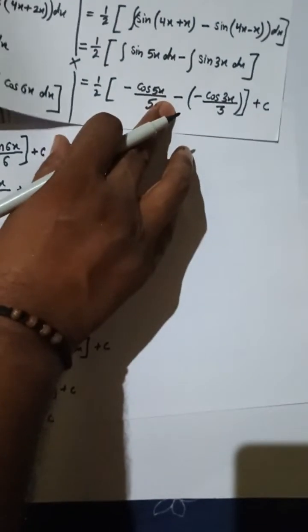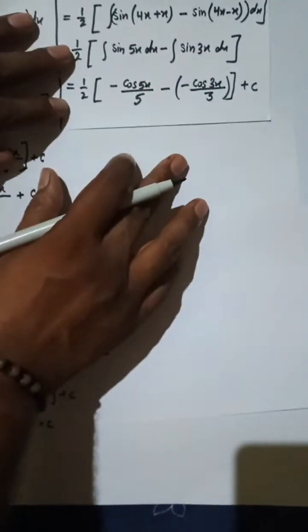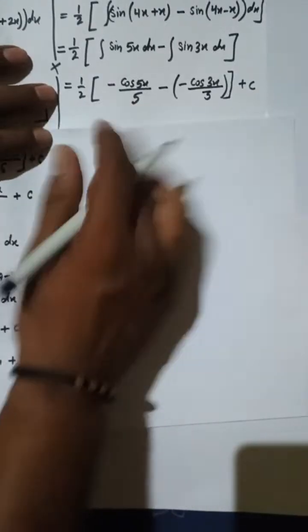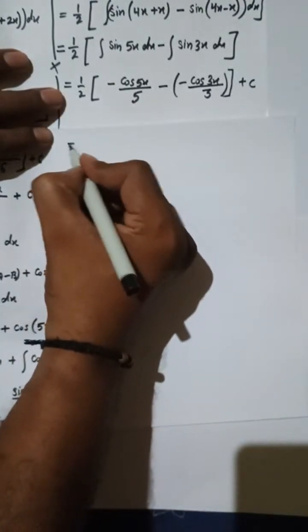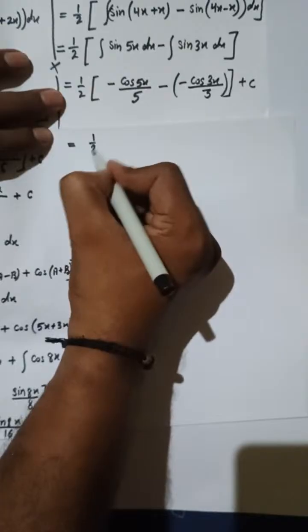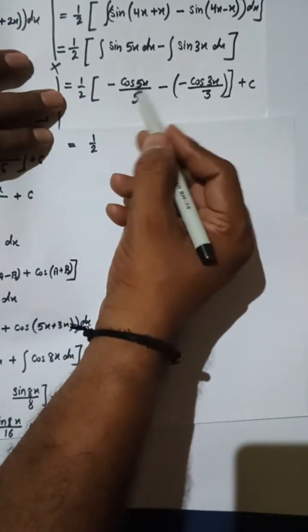Now we can easily go through it. So 1 by 2 is going to multiply with this sum.